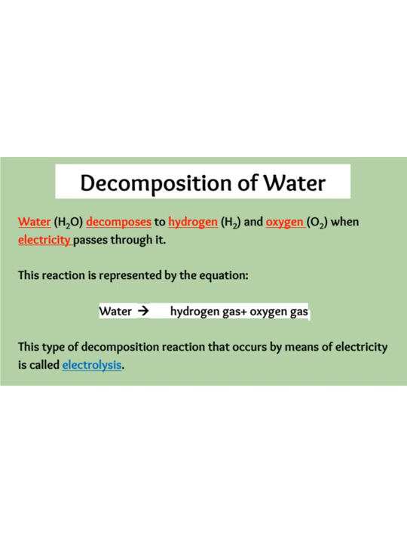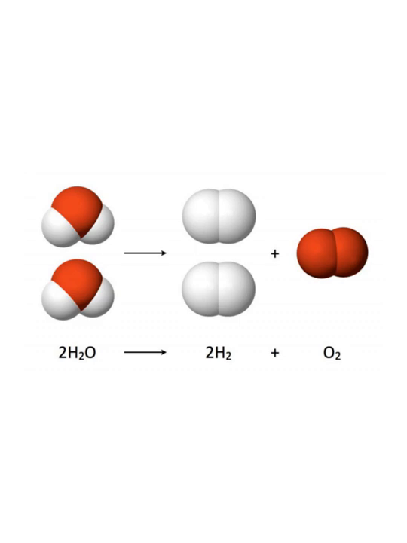This type of decomposition reaction that occurs by means of electricity is called electrolysis. This chemical equation will tell me that water is broken down into hydrogen and oxygen. Look, the amount of hydrogen is double the amount of oxygen.